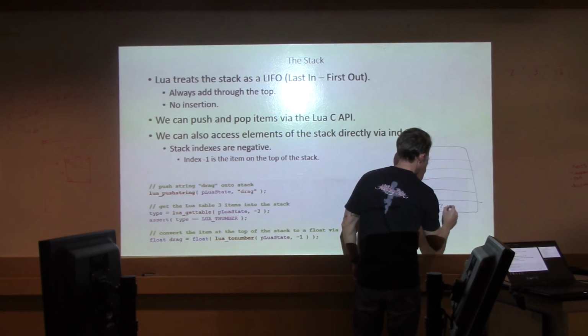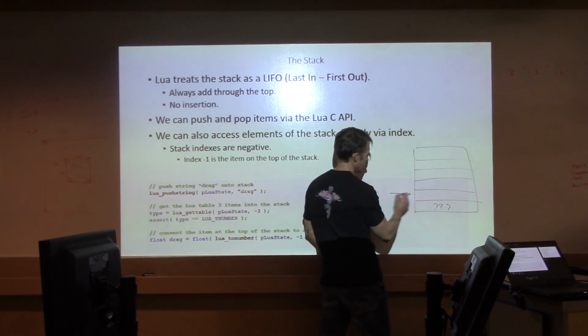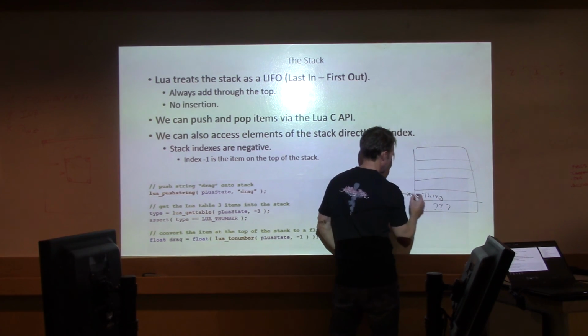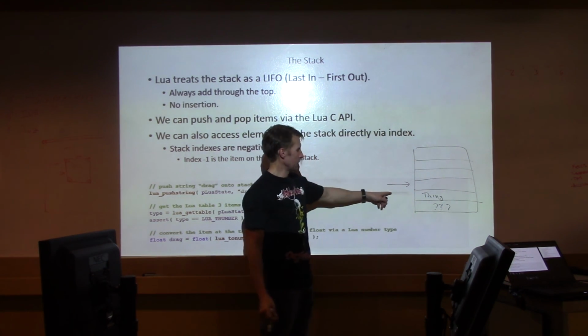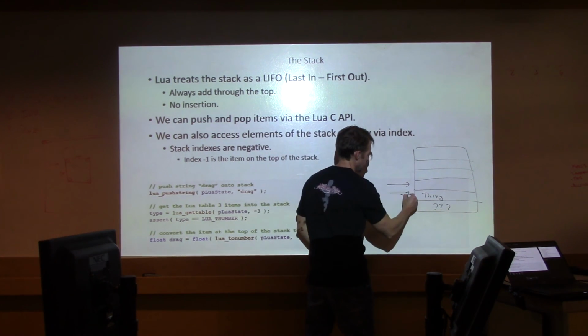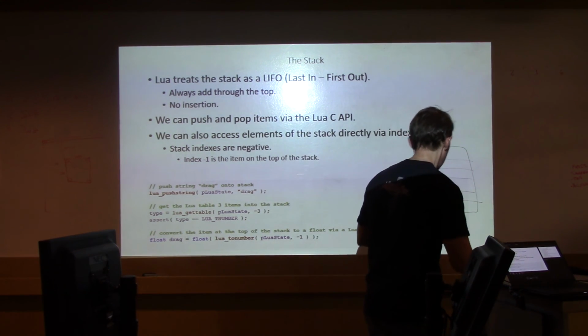There may be some items down here we don't know about. If we push an item on the stack, it puts whatever I pushed where the stack points to, and then it moves the stack pointer. If I want to reference what I just pushed on the stack, that's at location index -1. You'll see that a lot in the code I show you in a second.